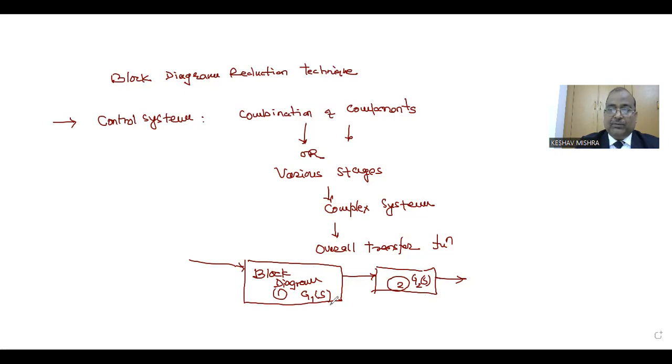So in today's class we will discuss the terminology used for block diagrams and some rules that will be useful to reduce the complex stages to a simple form, so as to make it convenient to determine the overall transfer function of the control system.